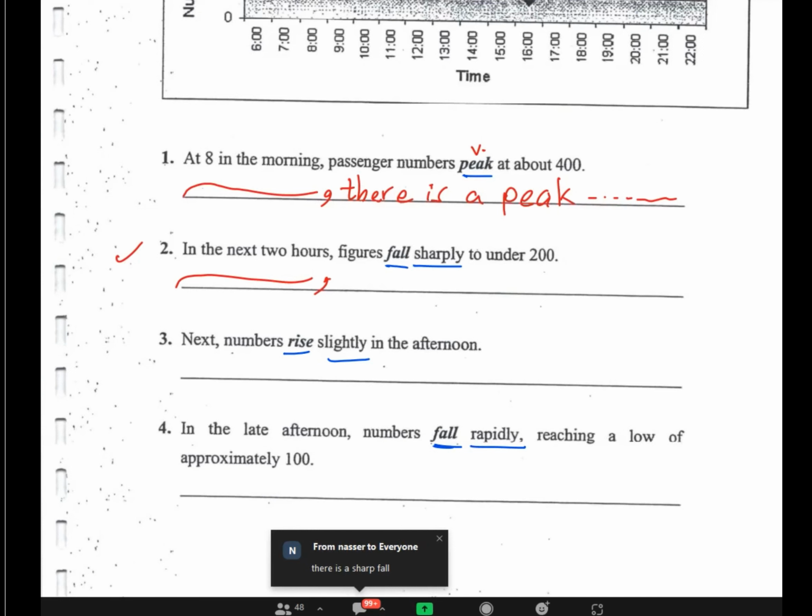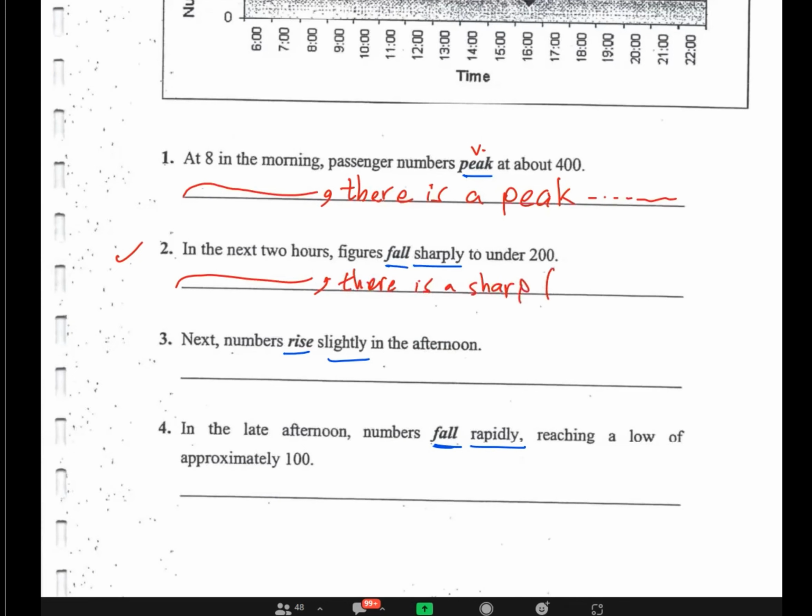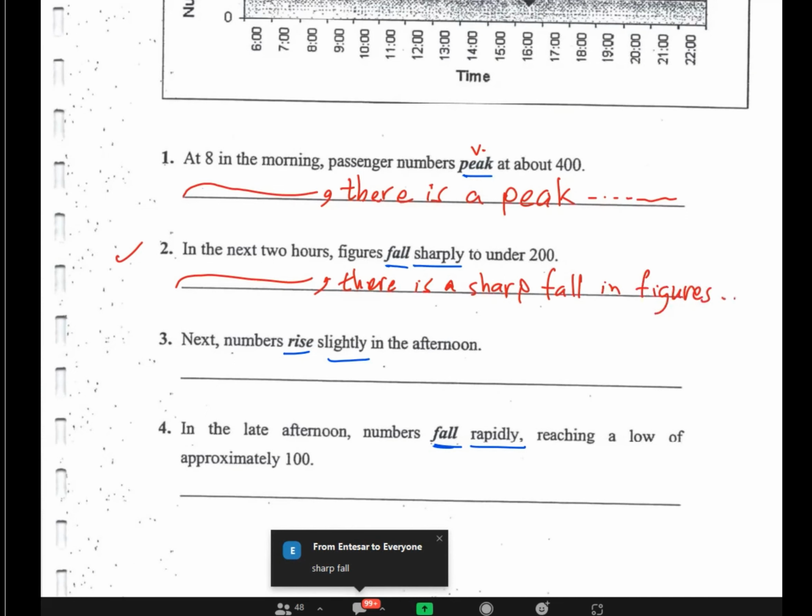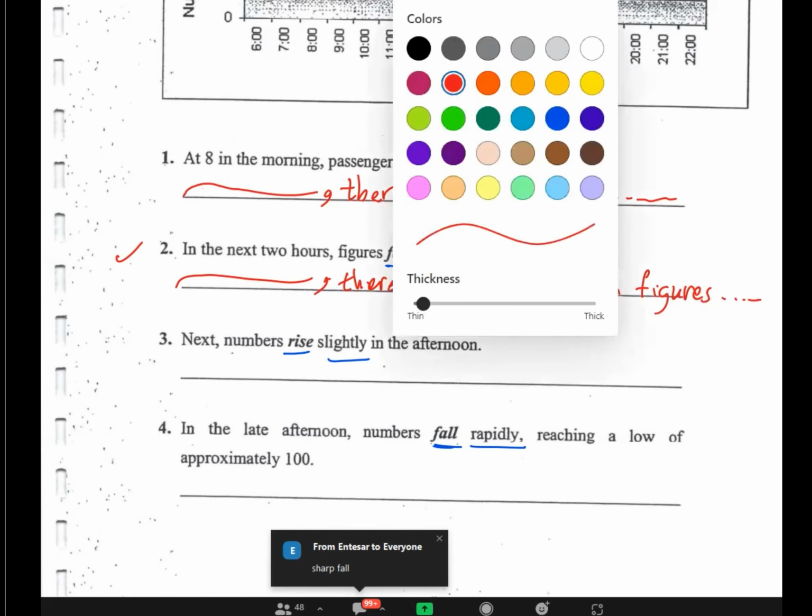There is a sharp fall in figures to under 200.